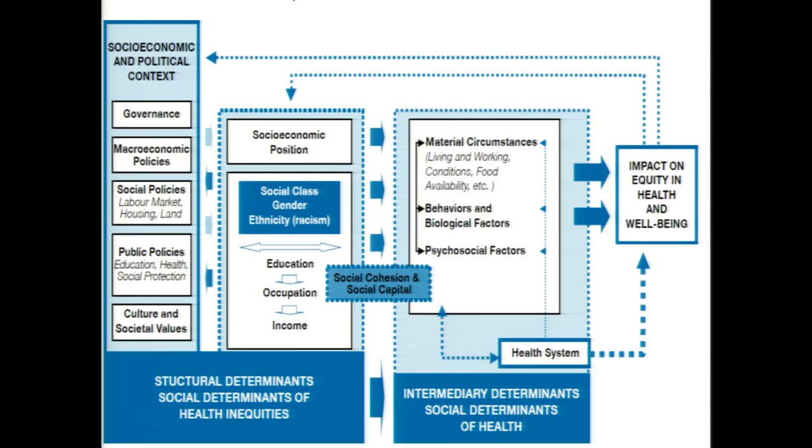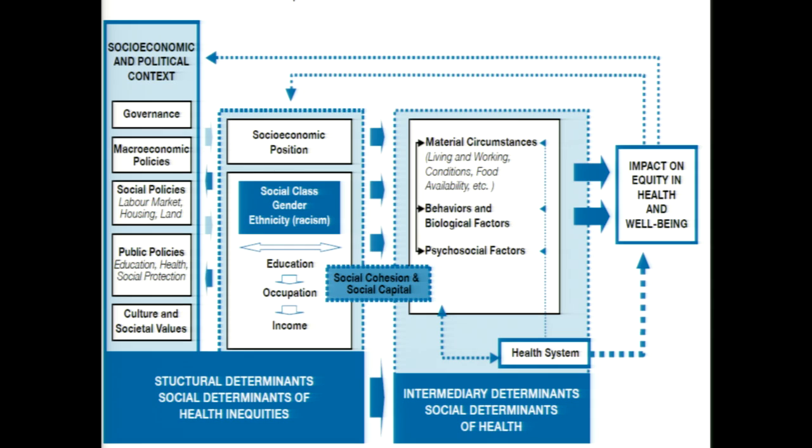And this is their conceptual framework for what the determinants of health are, okay? So if we think about health and well-being in a population or health equity, there are these intermediary determinants, and these intermediary social determinants of health are things that I'd say 90% of the literature deals with, right? They're medical circumstances, behaviors, smoking, physical activity, biological factors, psychosocial factors, so there are these.